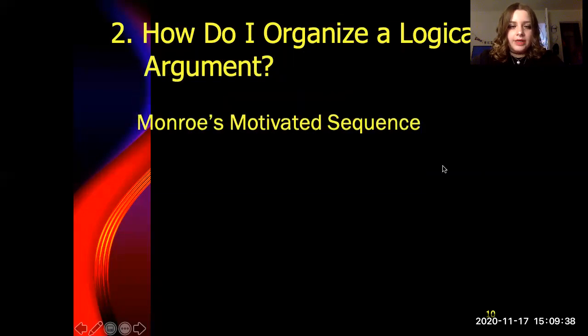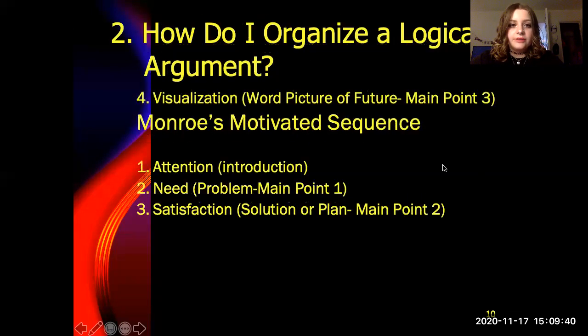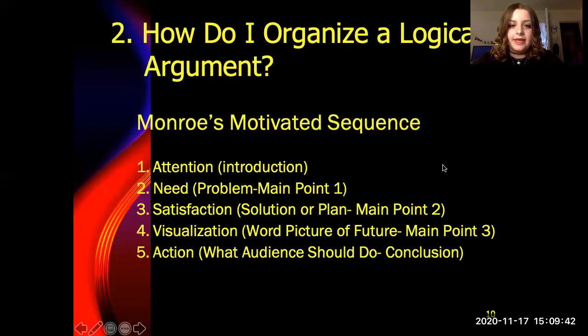And then how do you organize an argument? And so this will be the format that your group presentation will follow. If you guys notice, this is the Monroe's motivated sequence, which is targeting how to best motivate an audience into changing their behavior.